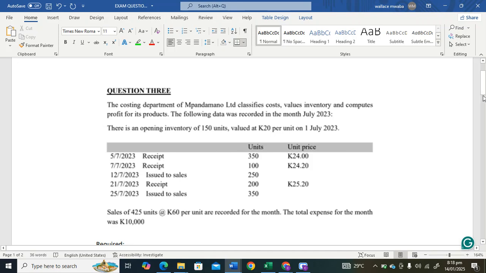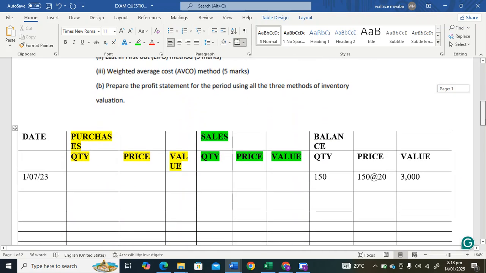So on 5th July, we purchased 350 units at 24 kwacha. 350 times 24 kwacha, that is 8,400.